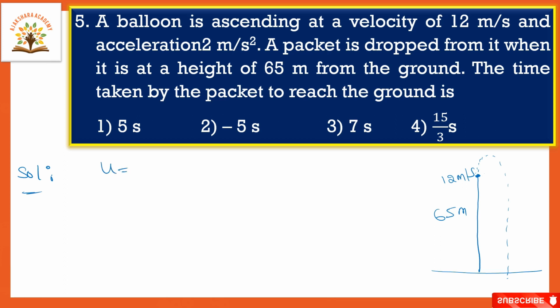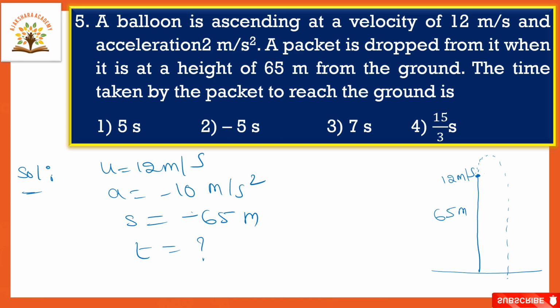u = 12 meters per second, given, and a = −10 meters per second squared, and s = −65 meters. t, we have to calculate the time. So s = ut + ½at².